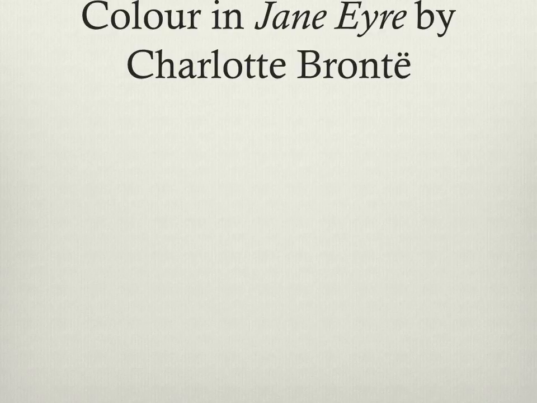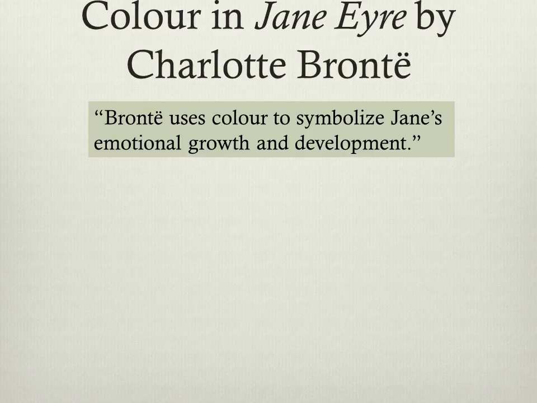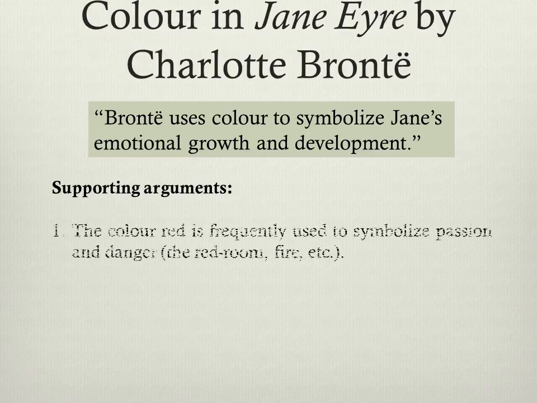Colour in Jane Eyre, and the thesis here is that Brontë uses colour to symbolise Jane's emotional growth and development, with the following supporting arguments. The first one being based on the colour red, and saying that it's frequently used to symbolise passion and danger, as in the Red Room or fire or something like that.